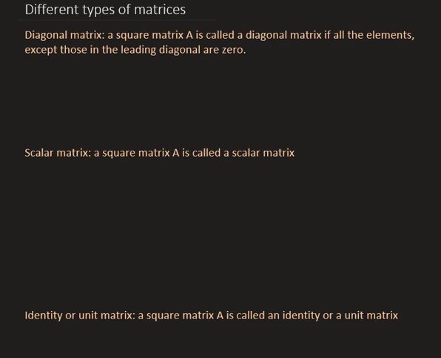So let's get started. Our first variant of matrix is the diagonal matrix. A square matrix A is called a diagonal matrix if all the elements except those in the leading diagonal are 0.